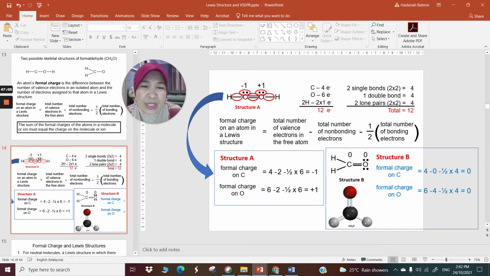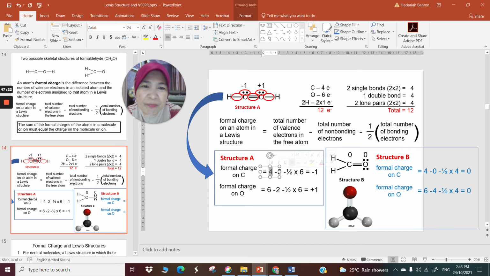First you need to count. You have carbon and oxygen. So, the formal charge on carbon: first of all, the number of valence electrons in the free atom is 4.